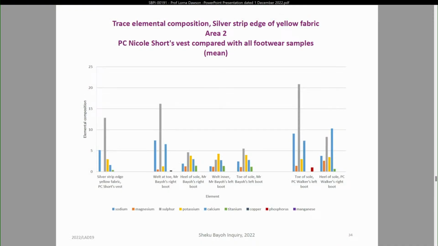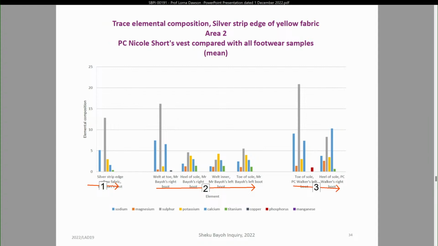So what do we see here? It just makes it a bit simpler to compare the profile of that Area 2 sample with all the other profiles, the 4 that were from Mr. Bayo's boots here, and the 2 that were from Mr. Walker's boots here.